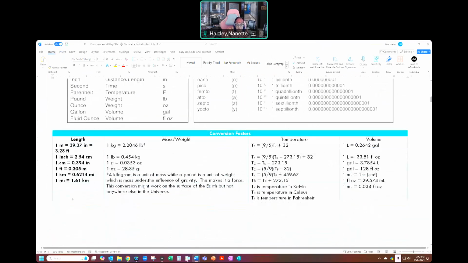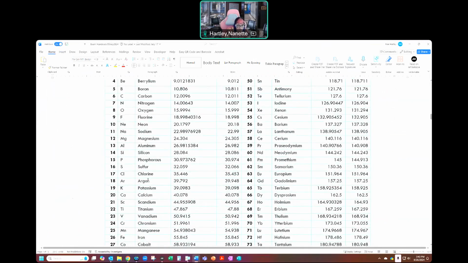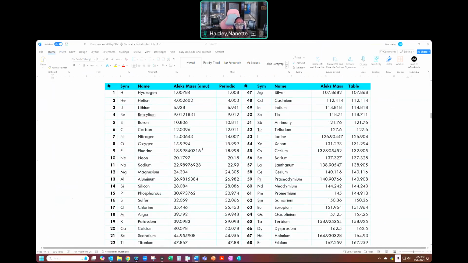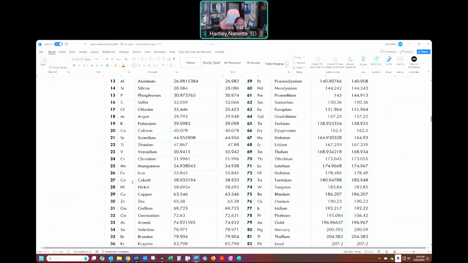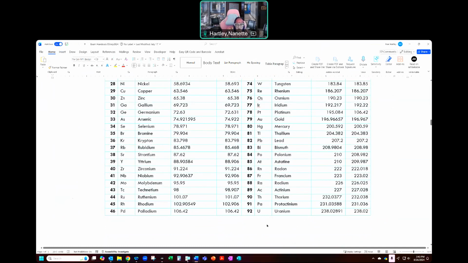So one of the things that I've provided you with is a table like this. Again, it may be easier to find them in this table. It may not be. These are all in atomic number order. So you might find them here, you might not. Sometimes it's easier for me to find them here, sometimes it's not.